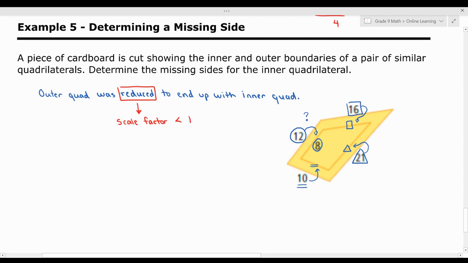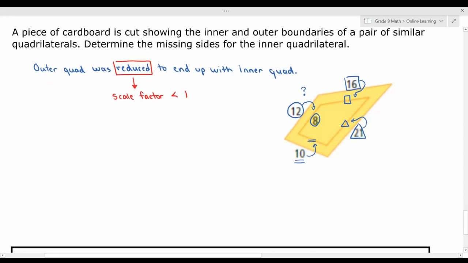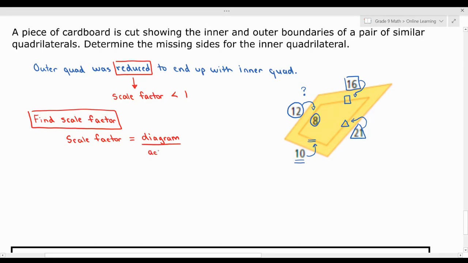Okay, so on this question, we're actually going to look for the scale factor first. So I'm going to say, I want to find the scale factor. Okay, well, remember, by definition, we said scale factor, you can find it by taking your diagram length and then you divide it by the actual.